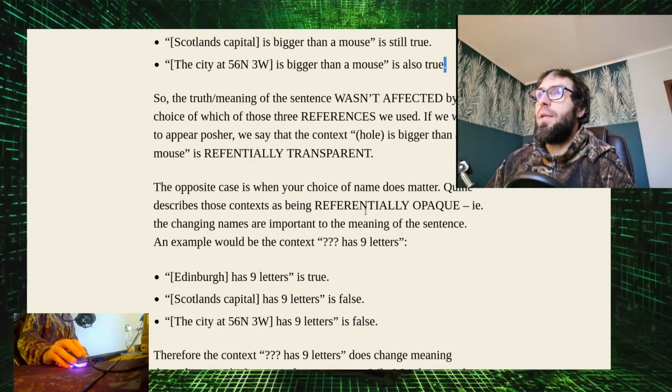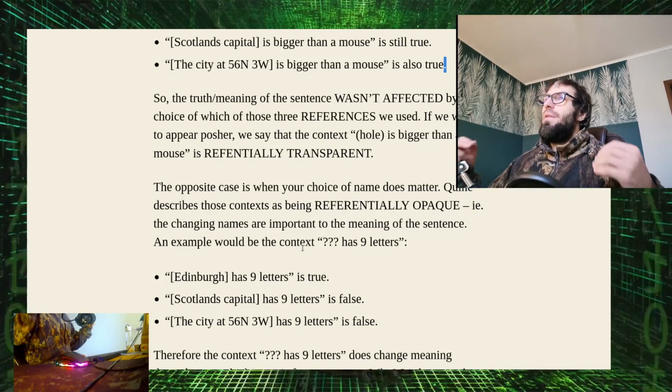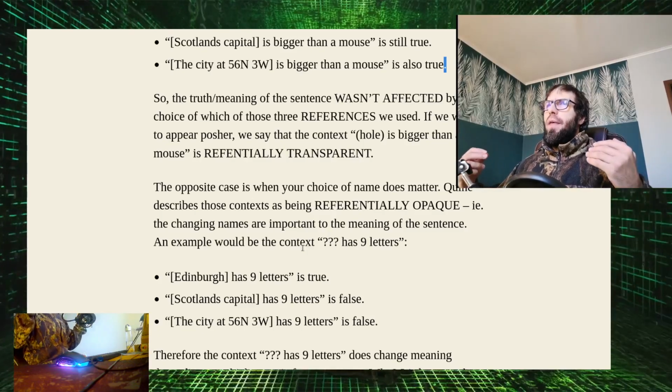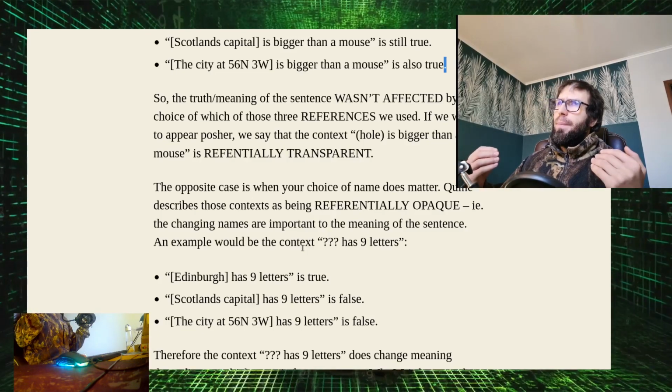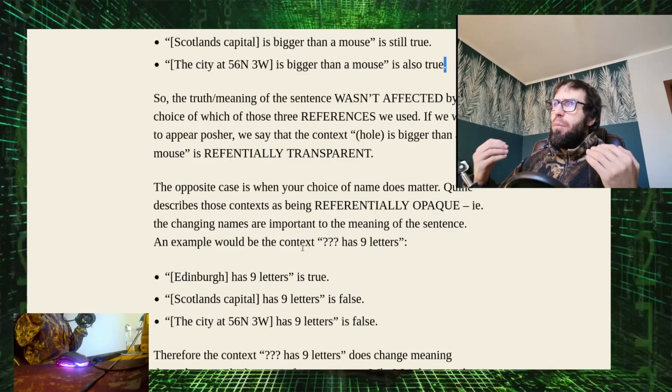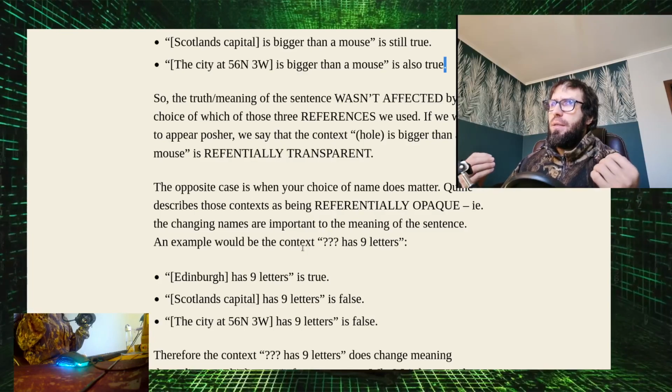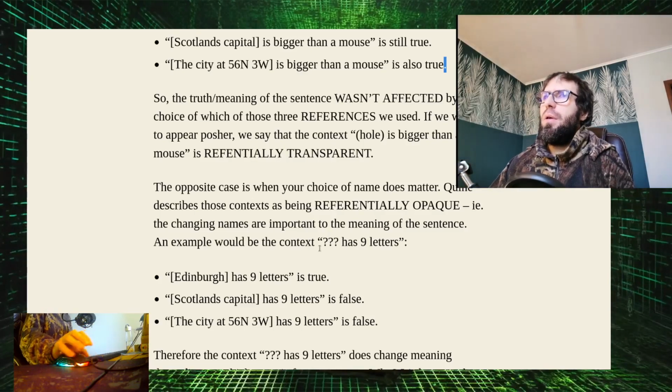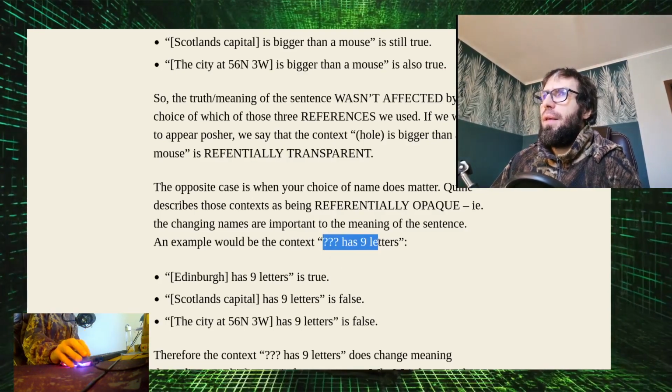And here you can see the referentially opaque example. In referential opacity, the change in names is important to the meaning of the sentence. For example, "something has 9 letters."